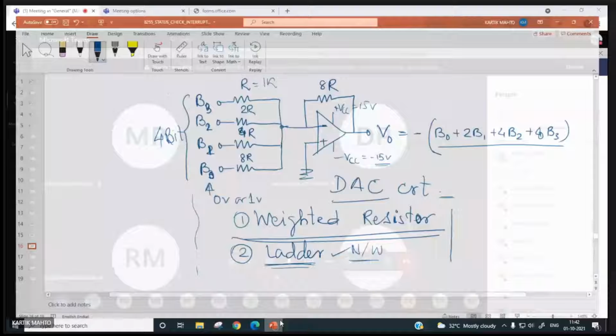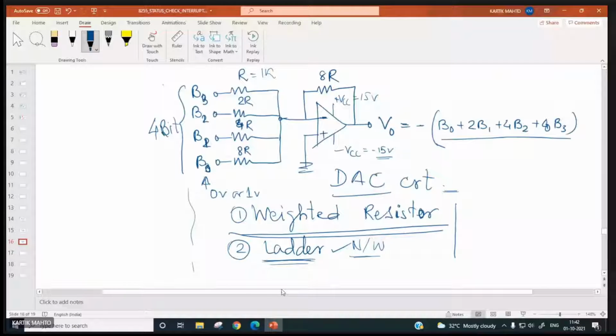In this ladder network, the same circuit is modified with the use of R and 2R only. It means only two values of resistance are going to be used, instead of having the weighted resistor. Weighted means these weights: R, 2R, 4R, 8R are all weights of the resistance on the basis of bit position.